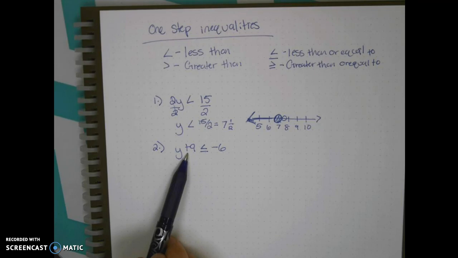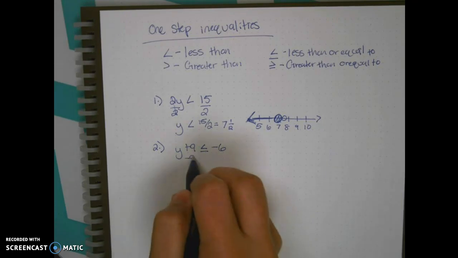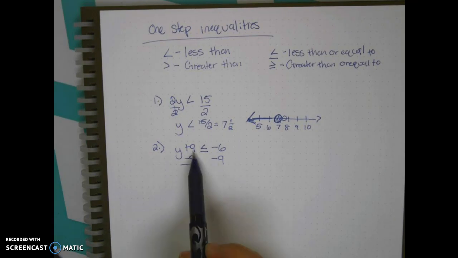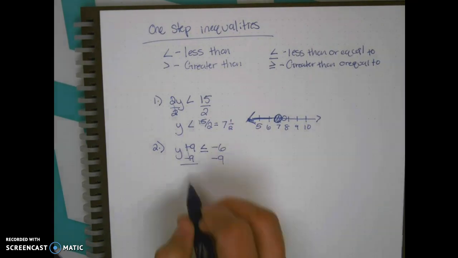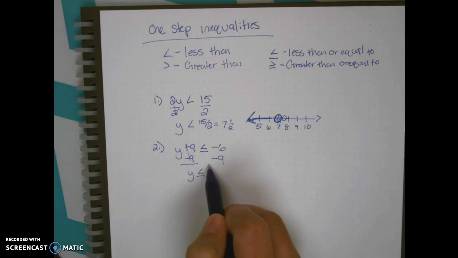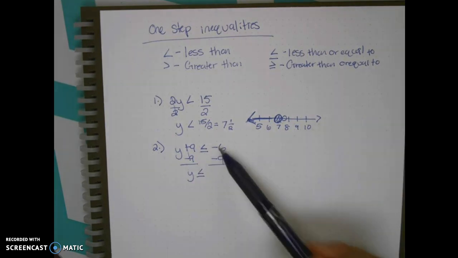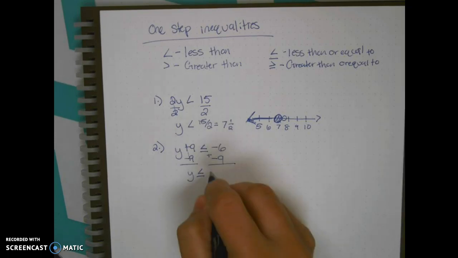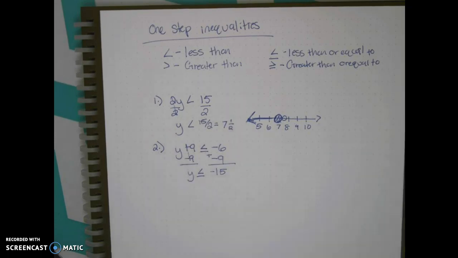So I'm going to subtract 9 from both sides in order to make it even. 9 minus 9 cancels, and I'm left with y is less than or equal to. I know the rule for subtraction is keep, change, so I'm going to add negative 6 plus negative 9, and this will give me negative 15.